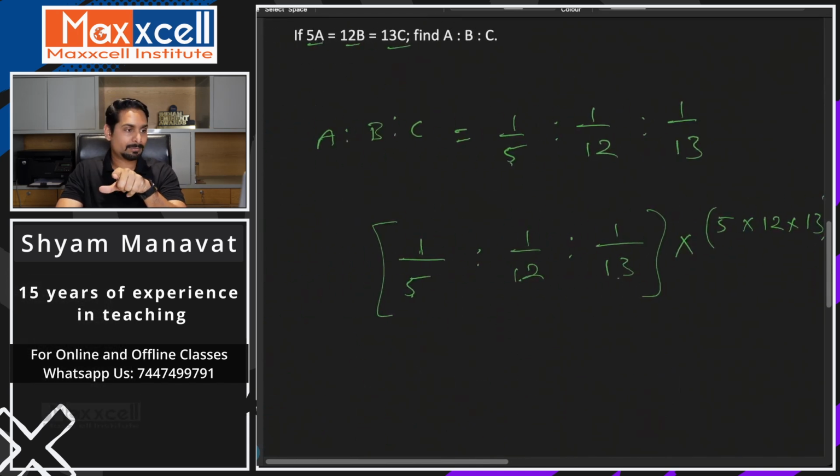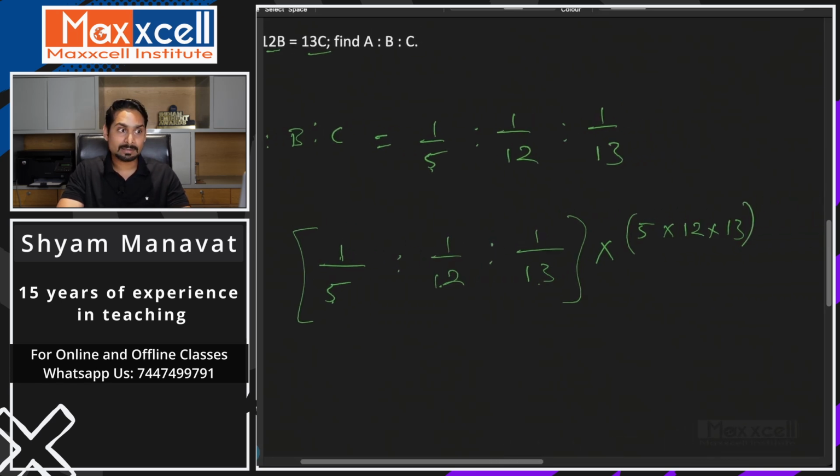I'm sorry, not all prime numbers, because 12 is not a prime number. But 5, 12, 13, there is no relation between them, right? So I can take the LCM, the least common multiple, as 5 into 12 into 13 itself. I hope that's clear to you.